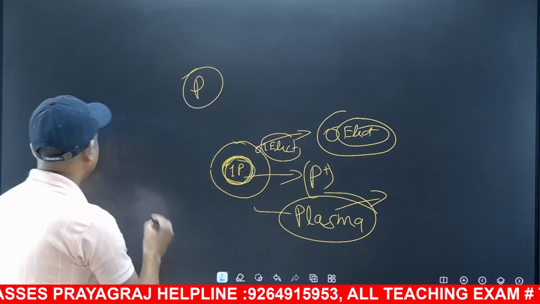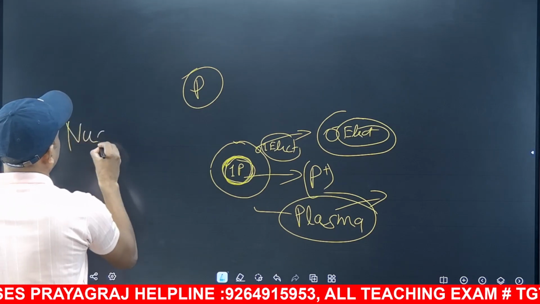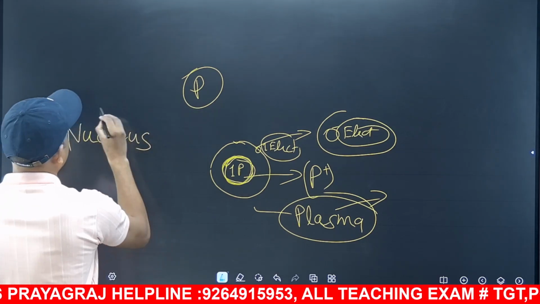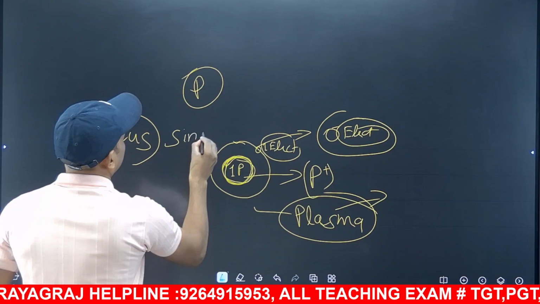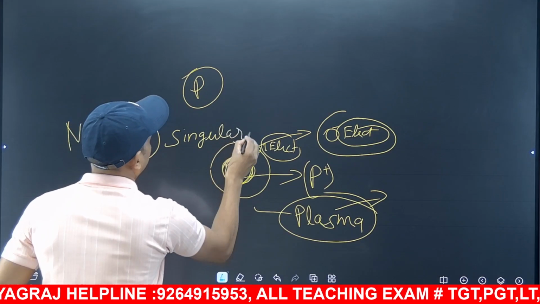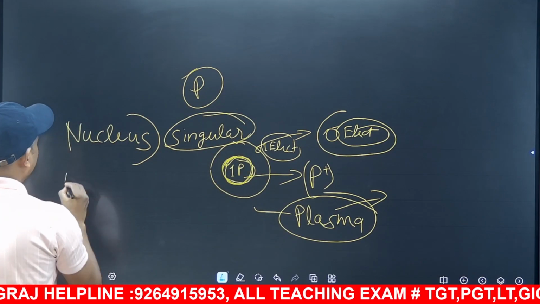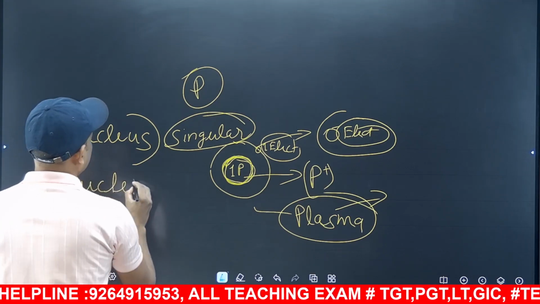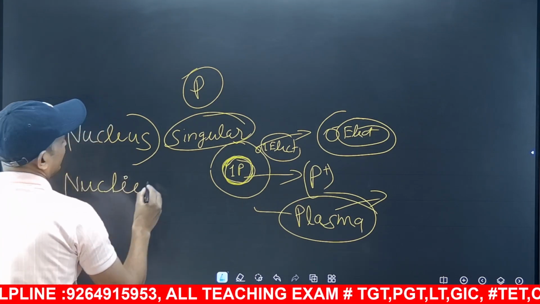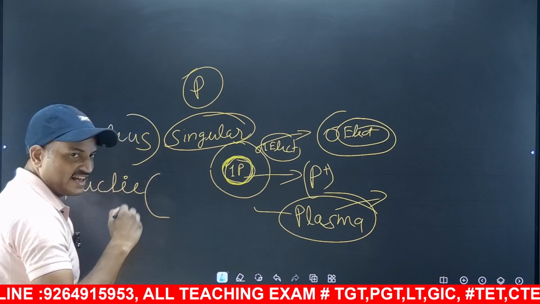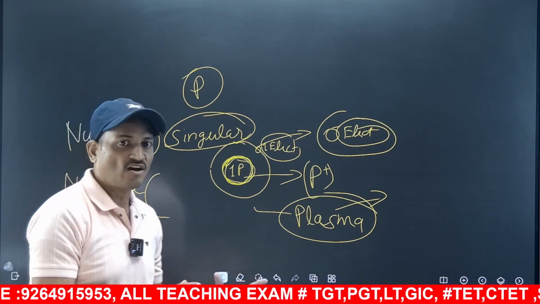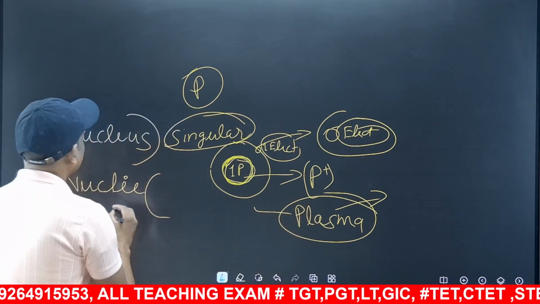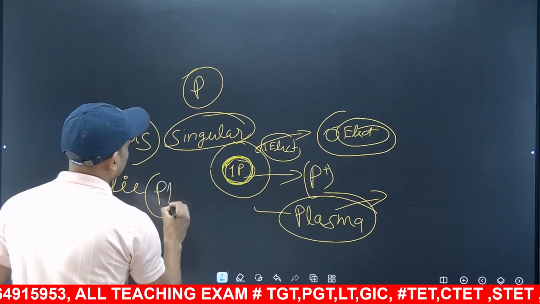When we say nucleus, it is singular, meaning a single nucleus, and the plural is nuclei. Nuclei means various nucleuses, the nuclei of various atoms. So nuclei is plural.